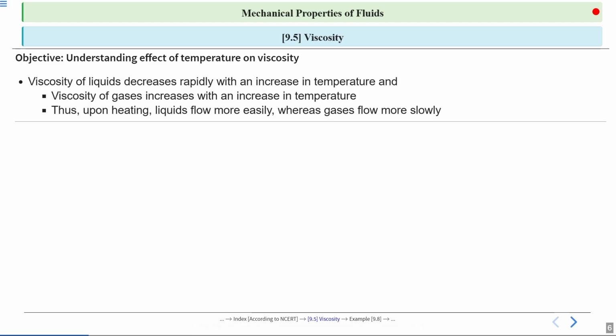So, heating a liquid makes it flow more easily, but heating a gas makes it flow a bit more slowly. This difference is important in real world situations like engine oils or airflow in ventilation systems. Remember, temperature affects liquids and gases in opposite ways when it comes to viscosity.